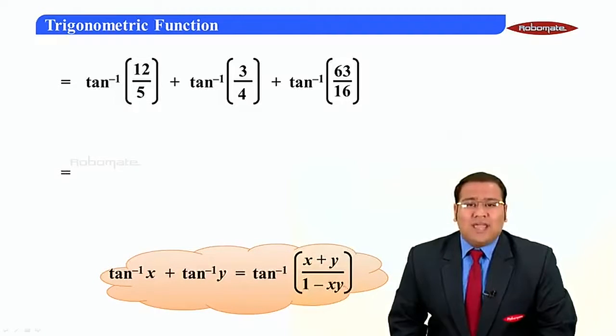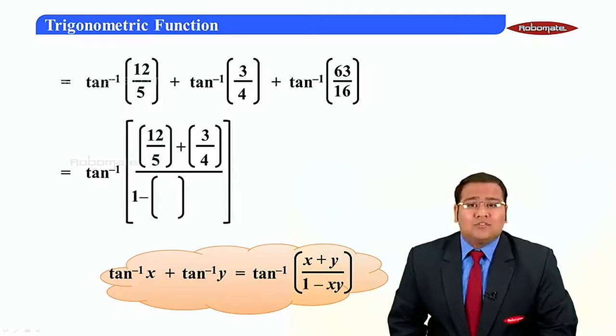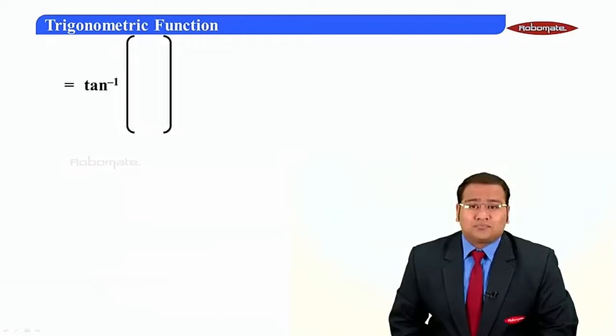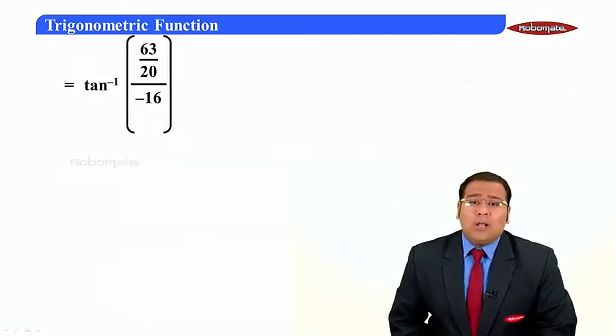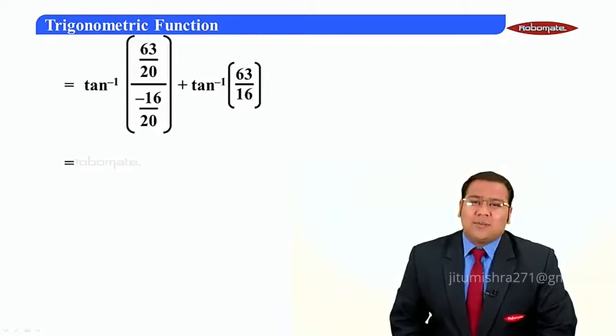So in this case, it would become tan inverse of 12 by 5 plus 3 by 4, the whole upon 1 minus 12 by 5 into 3 by 4. After solving, what you would get is tan inverse of 63 by 20, the whole upon minus 16 by 20, plus tan inverse of 63 by 16 remains as it is.